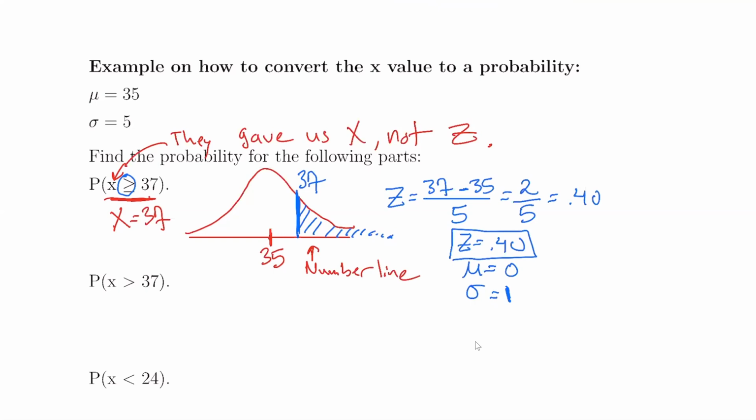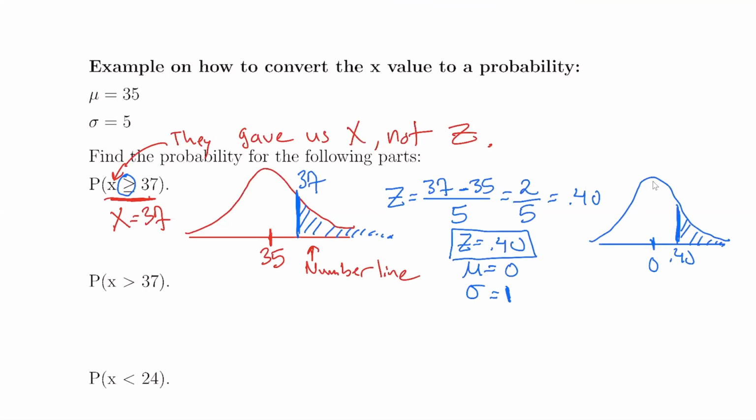So I'm going to draw this out again, but now with the z value. Here goes 0. Here goes 0.40. You still want to find the right-hand side. So now we're going to find the probability of this blue area.